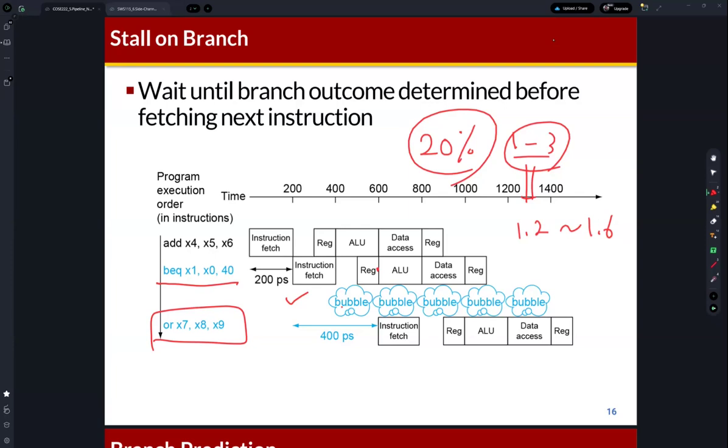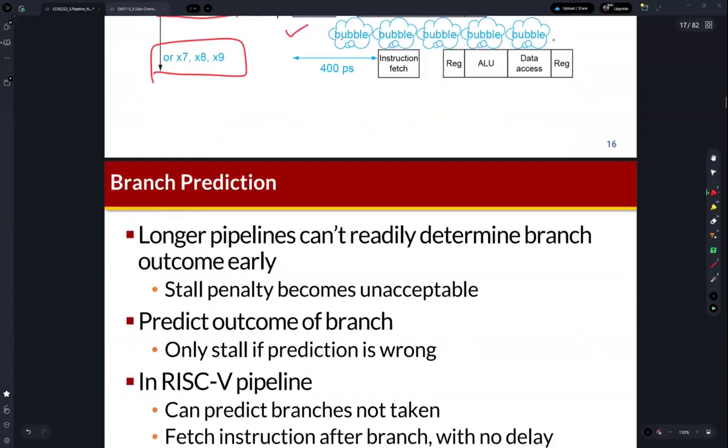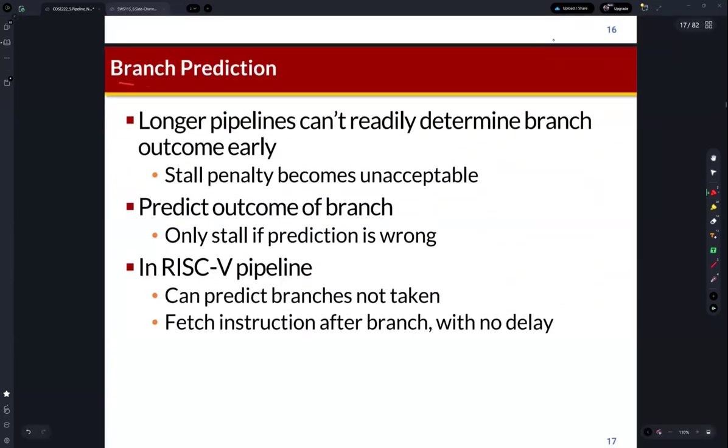So how can we avoid the performance degradation by branch instructions? We can apply branch prediction. Branch prediction means the processor can predict the result of a branch instruction.